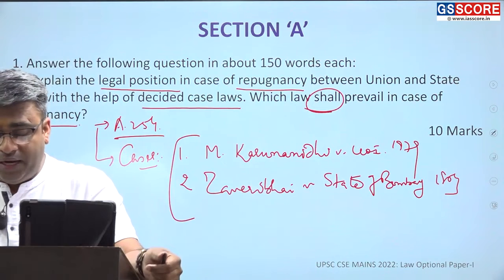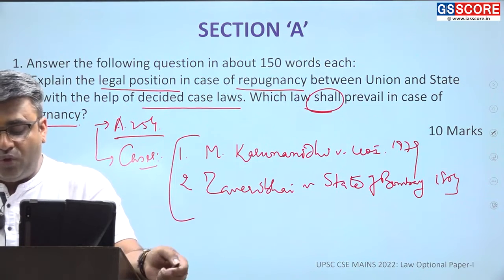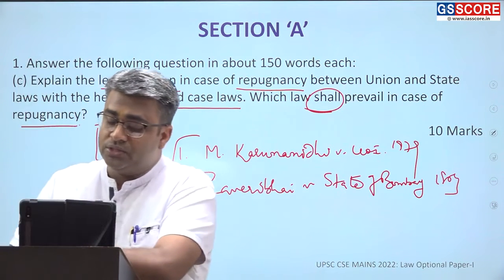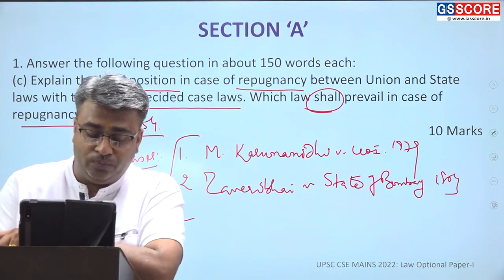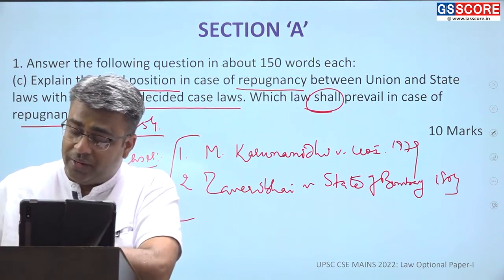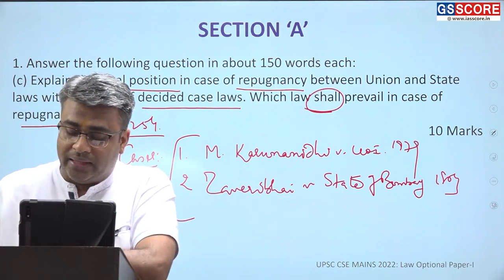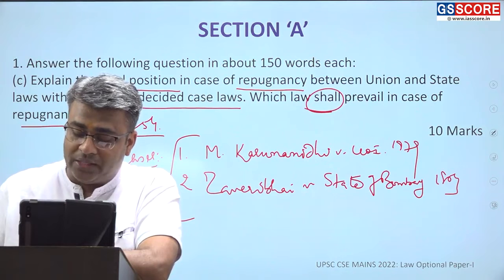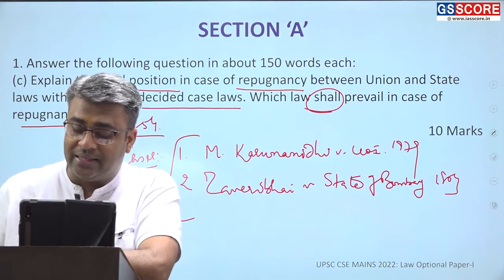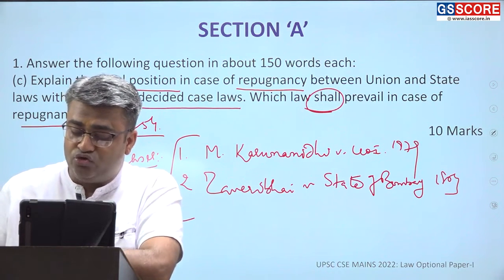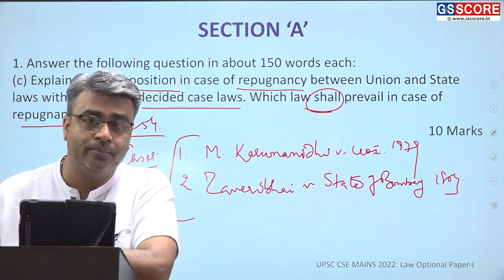If any provision of law made by the legislature of the state is repugnant to any provision of a law made by the Parliament, which is competent to enact, or to any provision of the existing law with respect to one of the matters enumerated in the concurrent list, then the law made by the Parliament, whether passed before or after the law made by the legislature of such state, or, as the case may be, the existing law shall prevail, and the law made by the legislature of the state shall, to the extent of the repugnancy, be void.